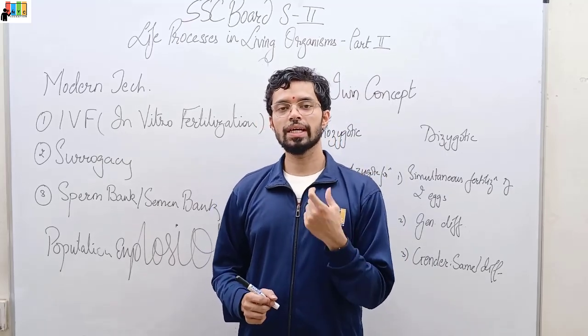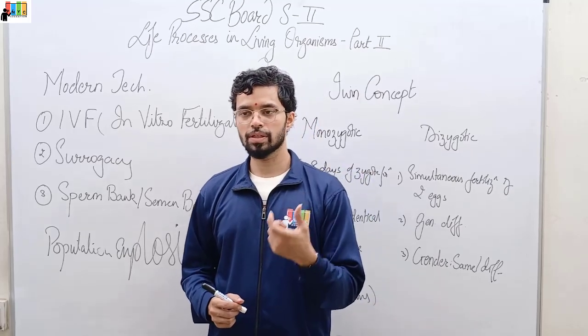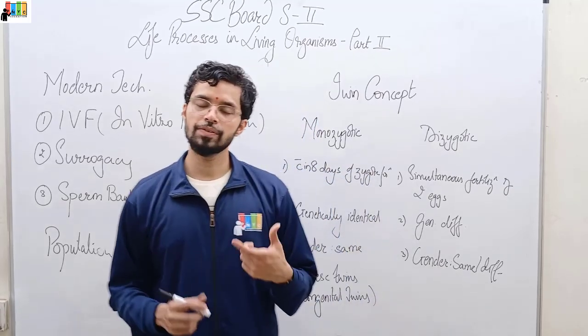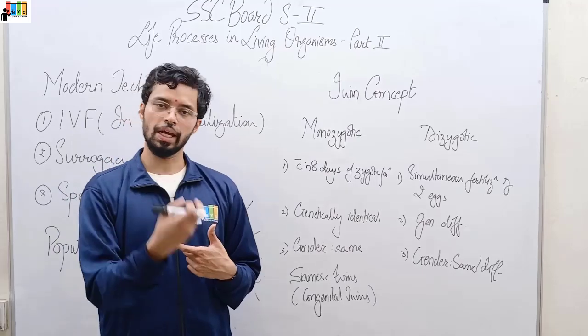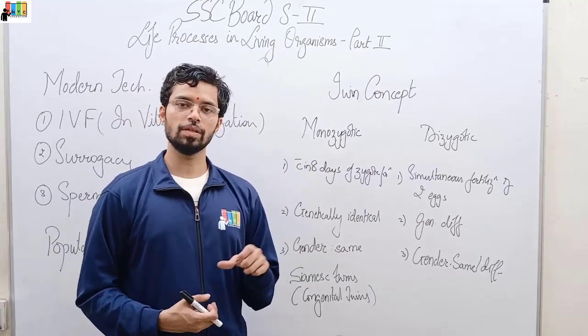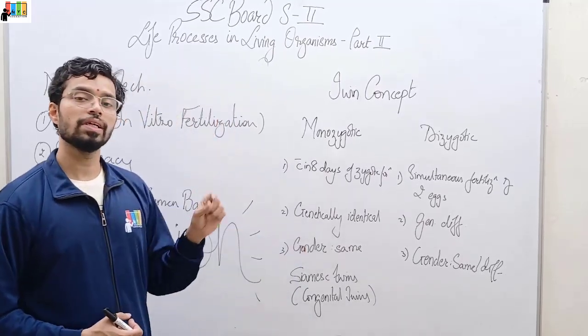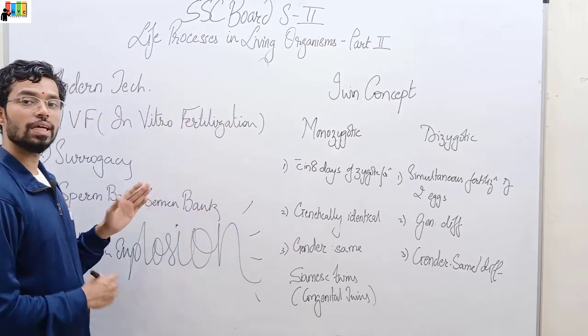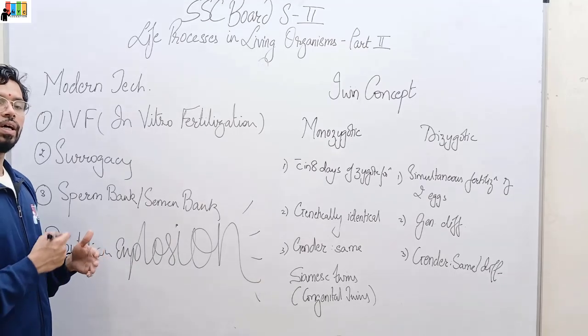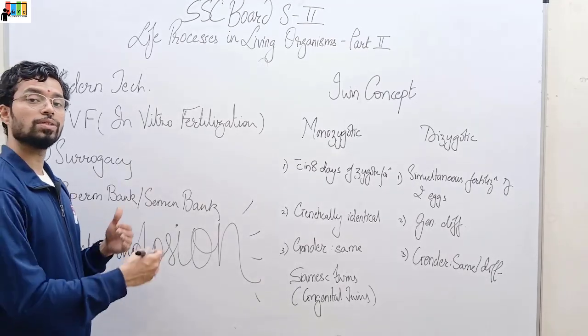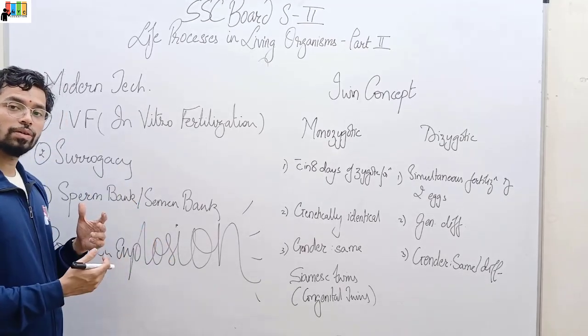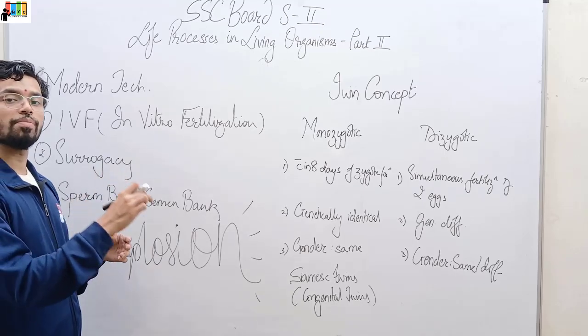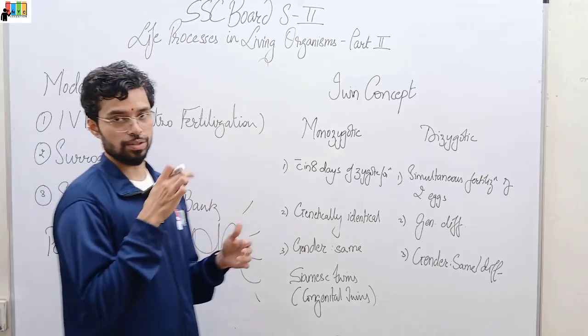Usually the egg is taken from the female, from the pair of the husband and wife. The female will give her egg and the male will give the sperm, and the fertilization will be carried out externally. After this, there is going to be zygote formation, up till the stage of embryo. Once the zygote is formed, it is very carefully implanted into the uterus or the womb.